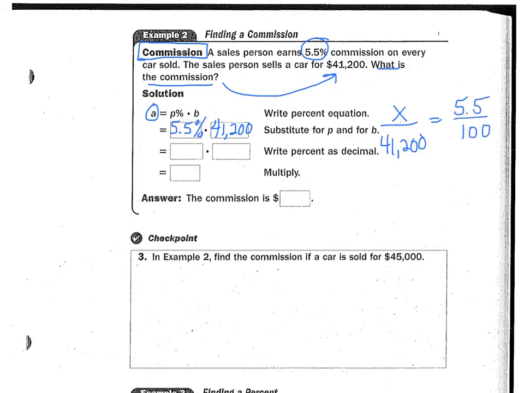Moving the decimal back two places on this one, you get 0.055 times 41,200. When you multiply those together, you get $2,266. So they made $2,266 on a $41,200 car. Pretty good gig. Okay, you guys try example 3.